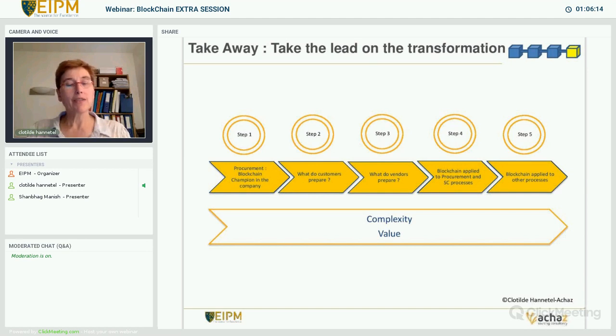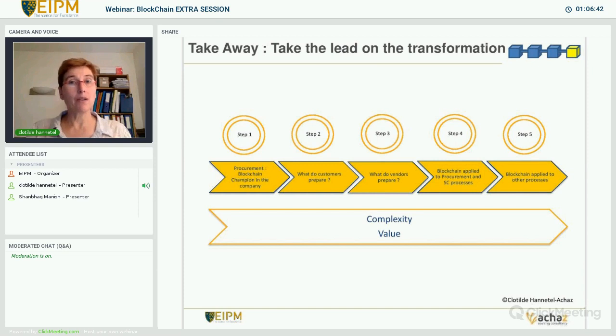And then the third point is that you will need to contract, because most probably in your companies there is no expert in blockchain, so you will need to go out and find the good partner in order to set up whatever the proof of concept or the pilot, or to scale up a solution. So you will need some experts and some external companies in order to build a blockchain.